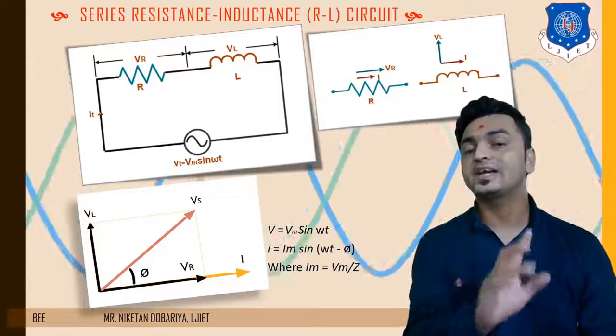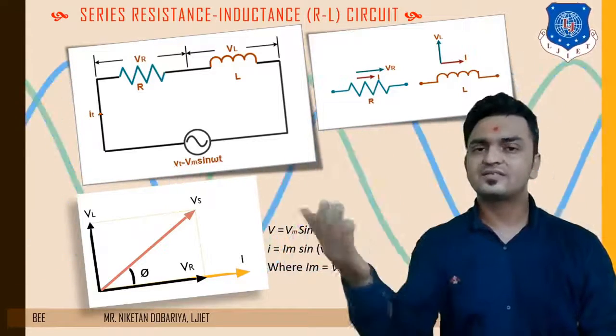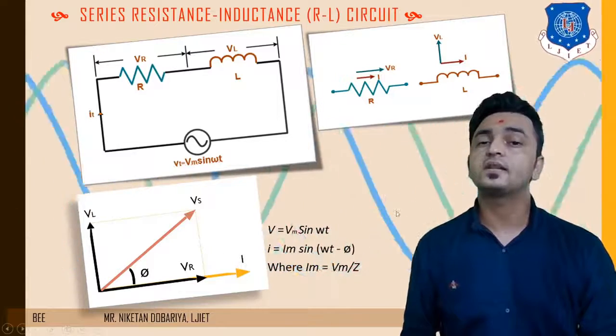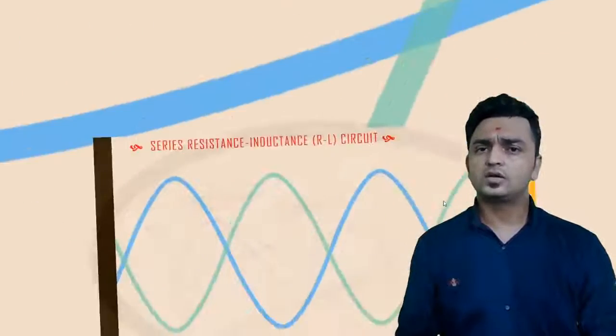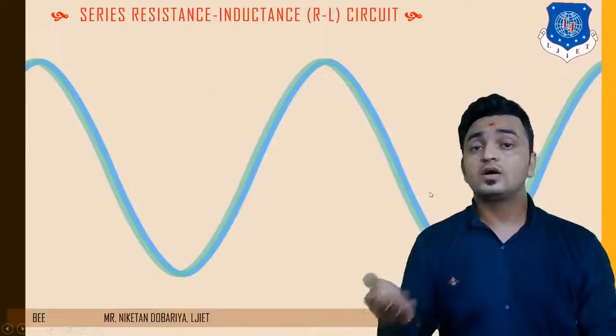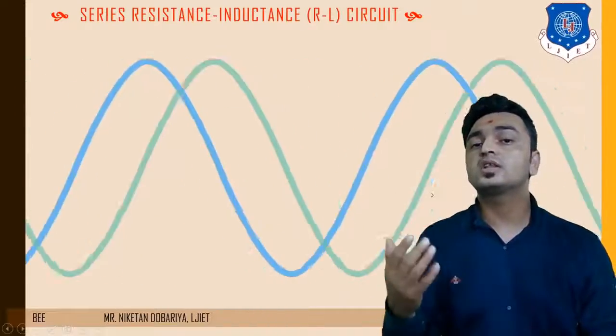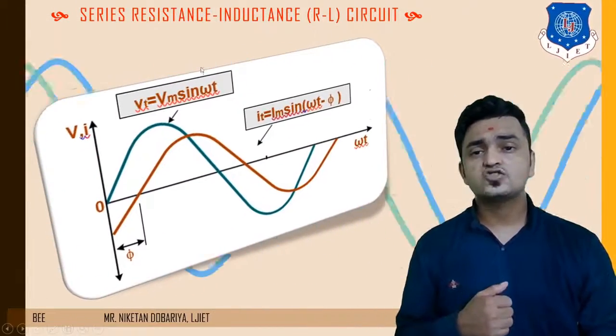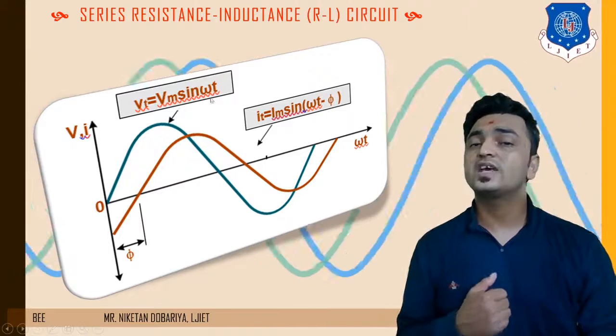That will define the magnitude of Z, which will be discussed later. But this is how we can define the current, and based on that we can also plot the waveform of this given circuit. Here, as mentioned, the equation of supply voltage is Vm sin omega t.